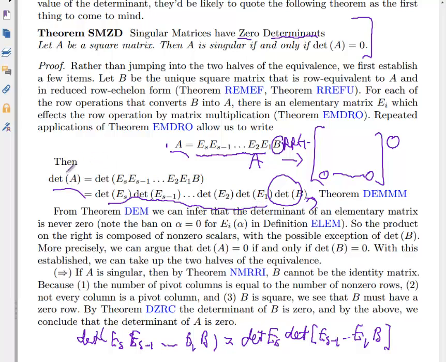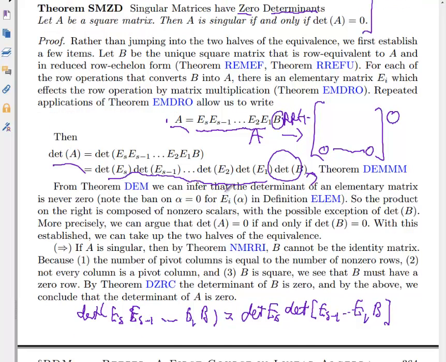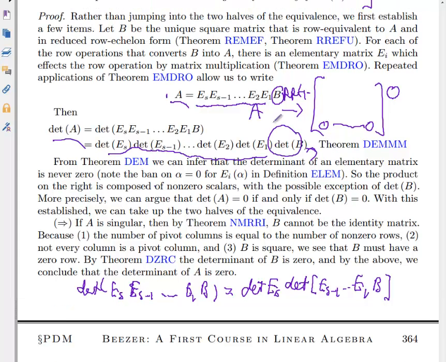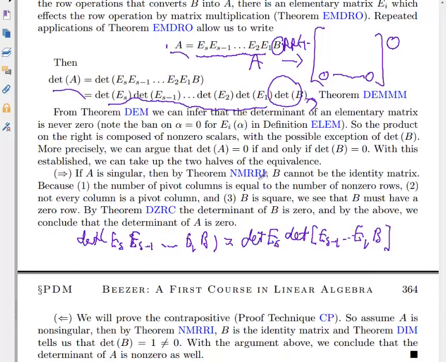And we have the result that the determinant of A is not 0. In fact, if A is non-singular, then this matrix at the end is the identity matrix, which has determinant 1. So if A is singular, the determinant is 0. And on the other hand, if A is non-singular, the determinant is not 0.